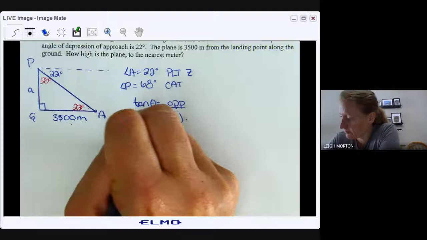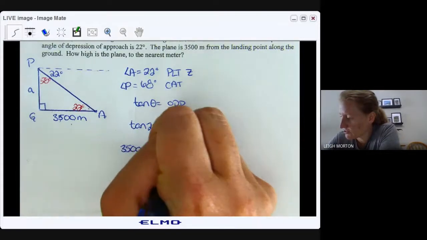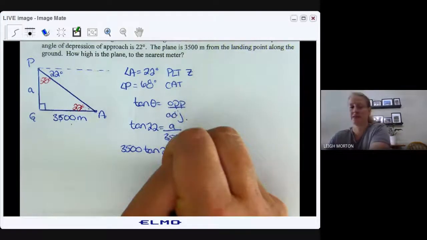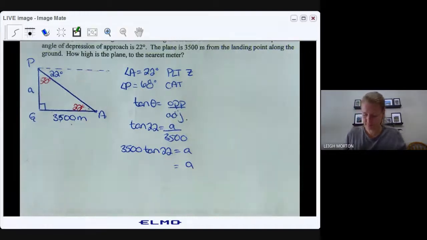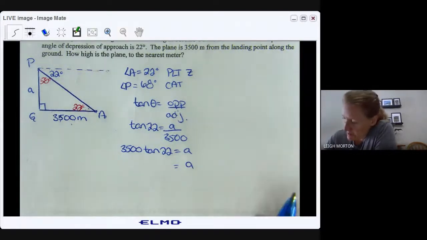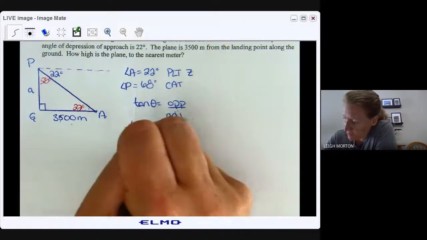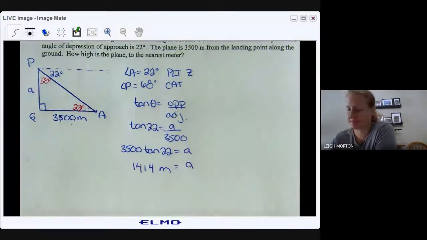Rearrange to isolate A. And we're going to the nearest meter, so that gives me 1414 meters.